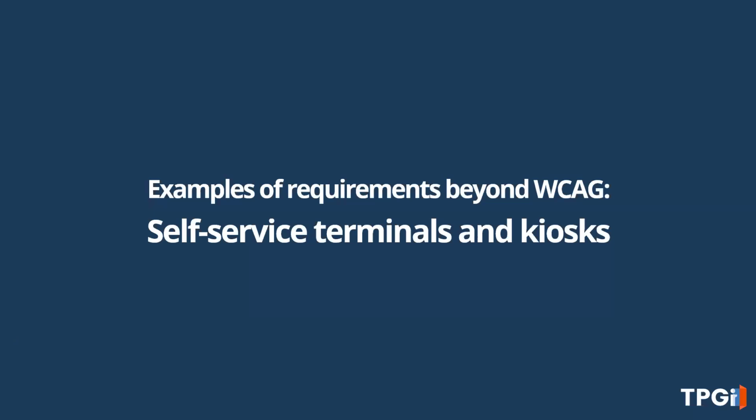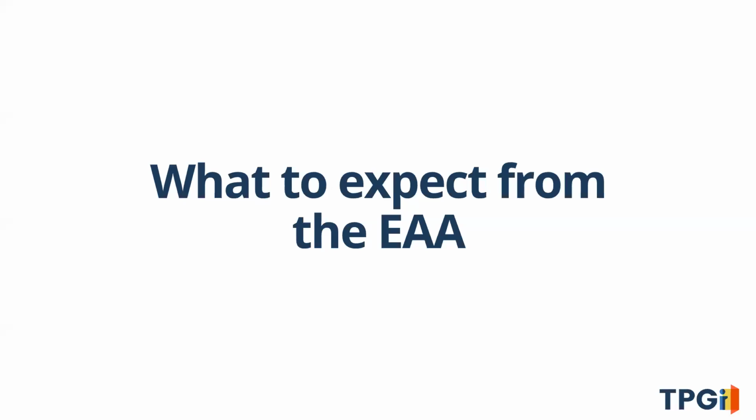But accessibility standards continue to evolve, and with the European Accessibility Act deadline approaching, EN 301549 is being updated now to align with new legal and technological requirements. So Mitchell's now going to take us through what's next and how the standard is set to develop under the EAA.